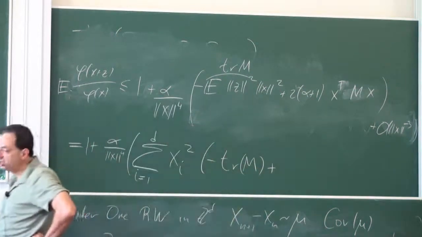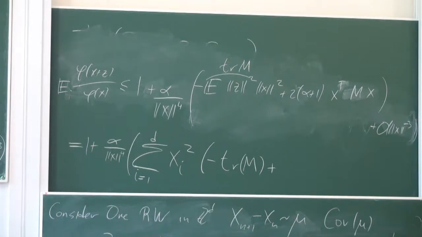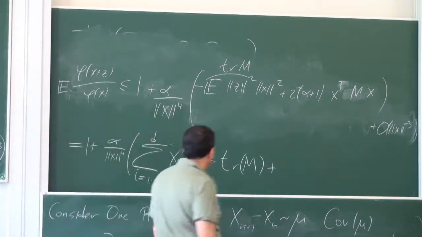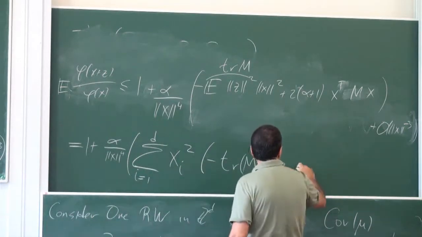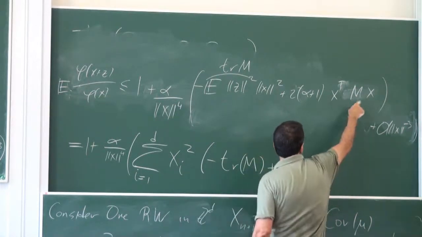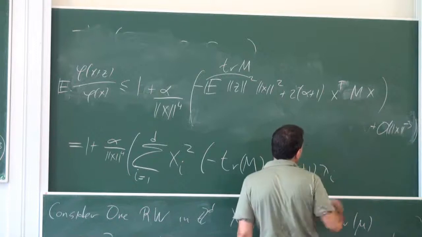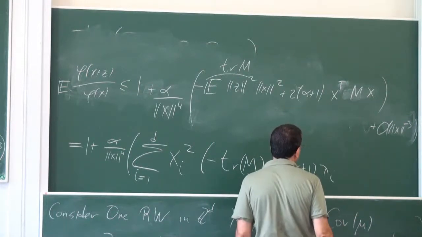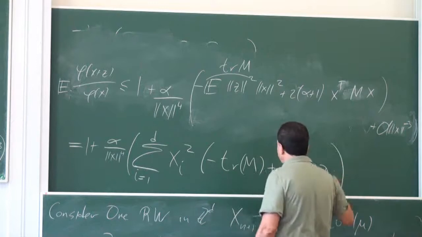Because look at the definition of the covariance matrix, its trace is just the sum of the expectations of zi squared, and plus twice alpha plus 1 lambda i, because remember we took M to be a diagonal matrix. On the diagonal we have lambda i, so this is the final answer here.